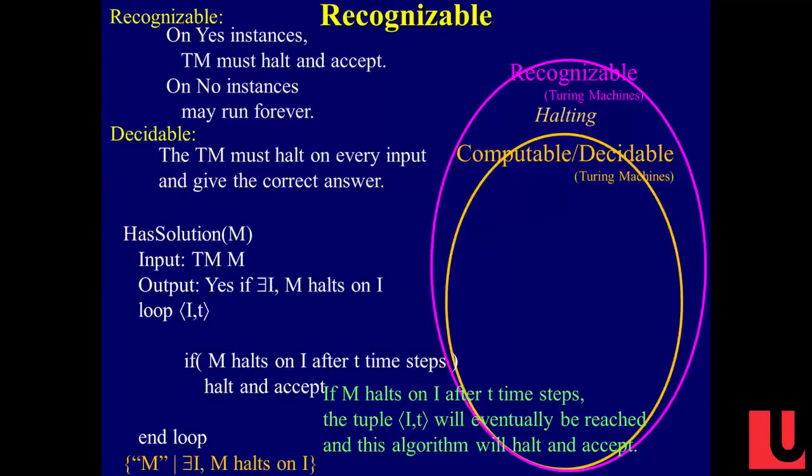If it halts on I, it halts after some time steps. So the tuple (I, T) will eventually be reached in this ordering, and so our algorithm will halt. But if M runs forever on every input, which is the opposite case, then this algorithm is going to run forever. So everybody see how this recognizes this problem?